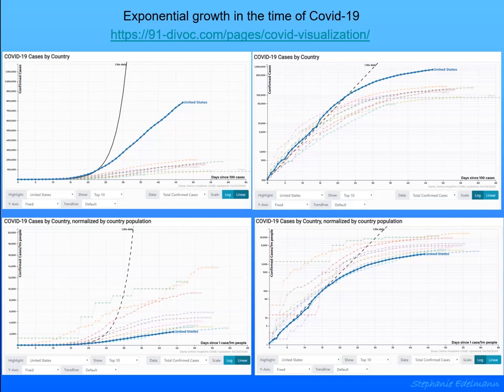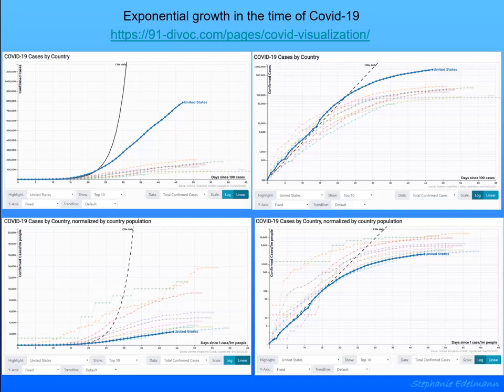When you look at the one on the left, it looks like the United States has almost no cases at all, and then it very quickly leaves the trend line and looks like the United States has way more cases than anybody else.